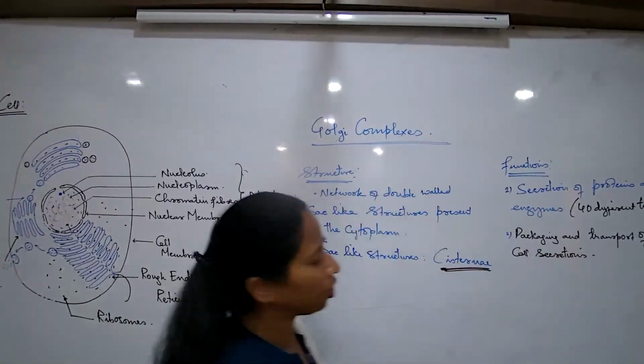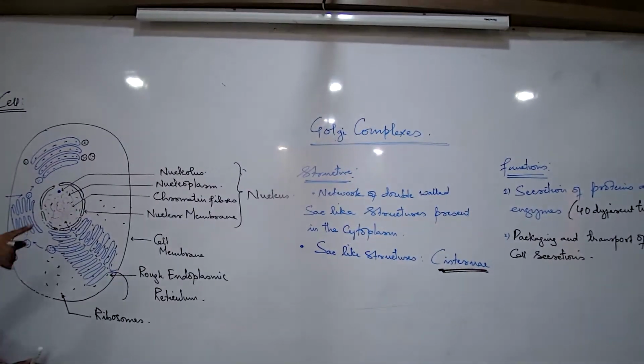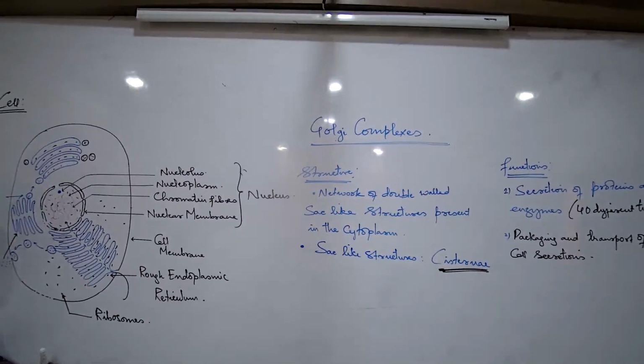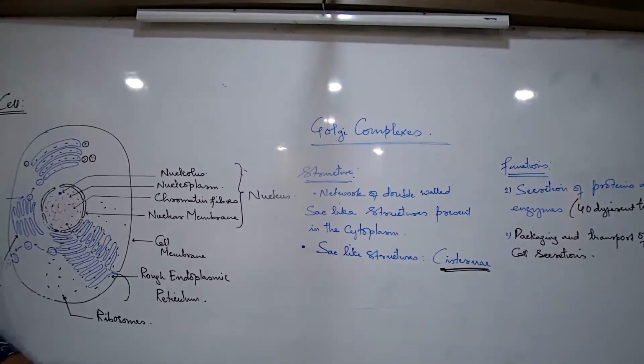Packaging and transport of cell secretions, meaning, try to understand this. One function I told you, releasing, producing. What is it producing? Different types of enzymes and proteins. That is the primary function.